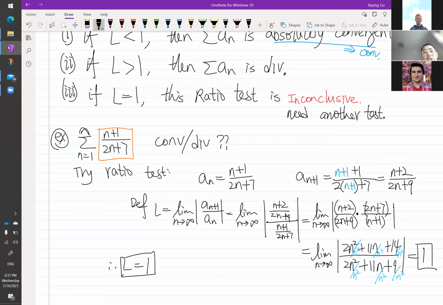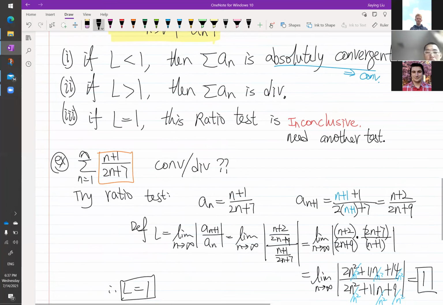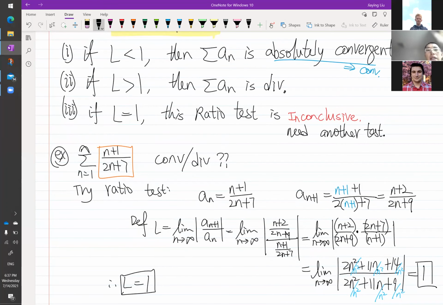Based on the ratio test, if L equals 1, the ratio test is inconclusive. So for this example, if we use the ratio test, we cannot reach a conclusion. We don't know if the given series is convergent or divergent.